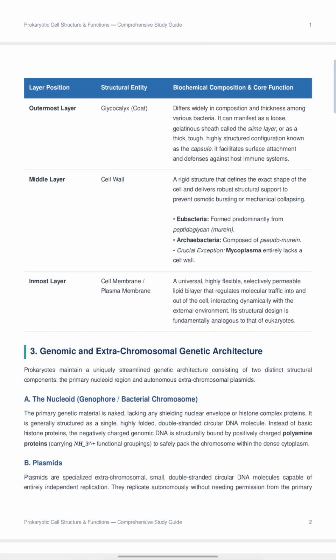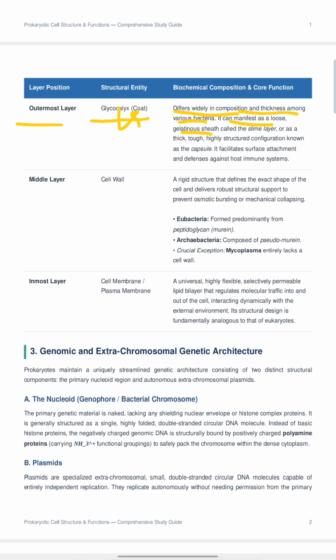Layer position: the outermost layer is a structural entity called the glycocalyx. Glyco means sugar and calyx means coat. Its biochemical composition and core function differ widely in composition and thickness among various bacteria. It can manifest as a loose, gelatinous sheet called a slime layer.